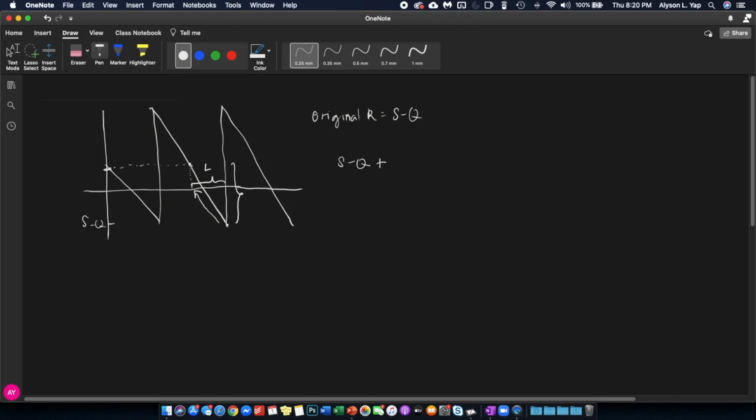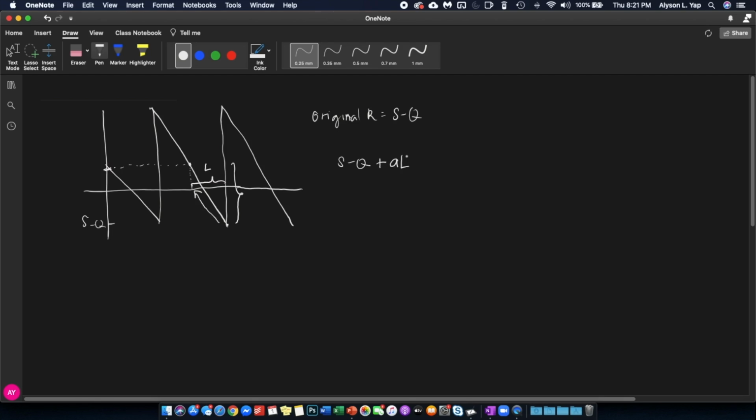What's actually happening right now is between this point and this point, you are actually selling or consuming or using your inventory. And therefore, the rate at which your inventory level is going down is A. Remember that A is the demand rate. And therefore, if you want to know the height between this and this, then that is essentially the demand rate times the amount of time.